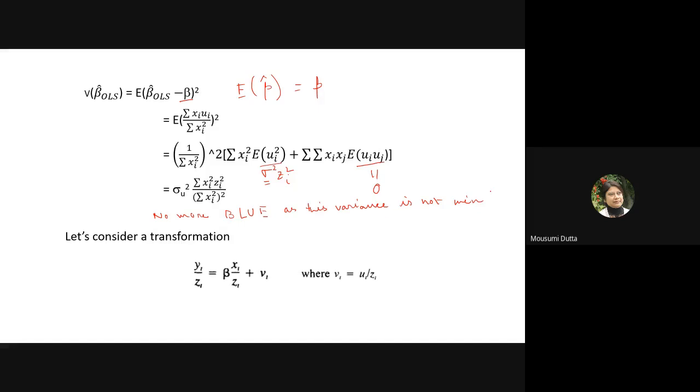This is no more the BLUE. The estimators are unbiased, however, these are not best linear unbiased estimators. The best property is disturbed. Because for the OLS estimator to be the best linear unbiased estimator, what will be the formula for the variance of beta hat OLS? If you need best, what will be the formula for the variance of beta hat OLS?